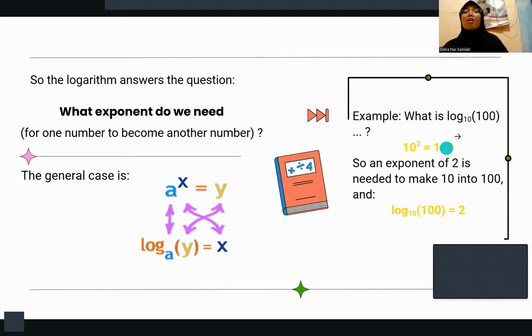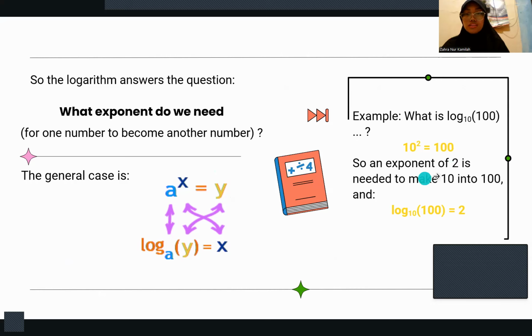An example is log base 10 of 100. 10 to the power of 2 equals 100.